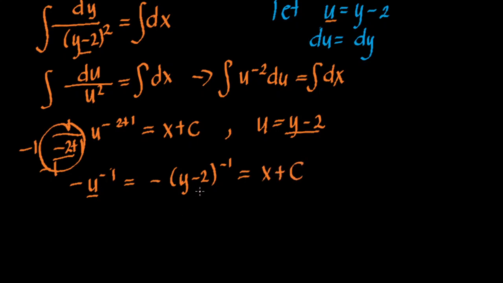And then this equals negative 1 over y minus 2 is equal to x plus c.